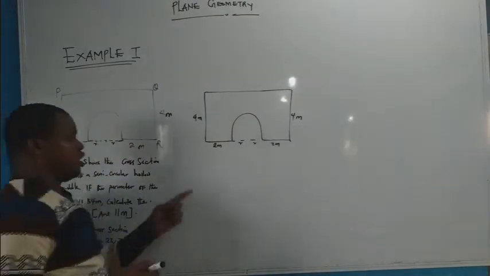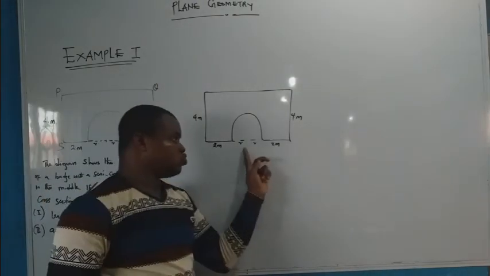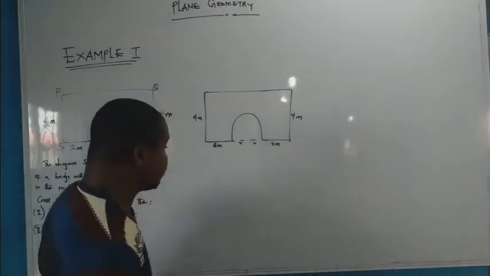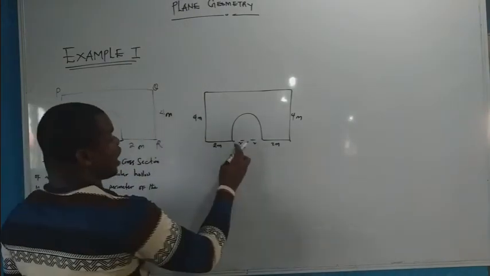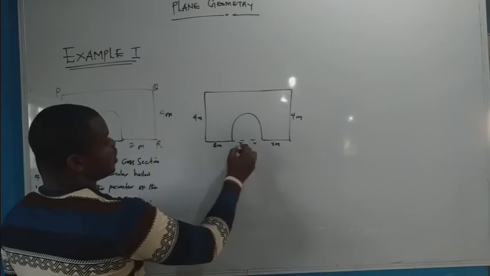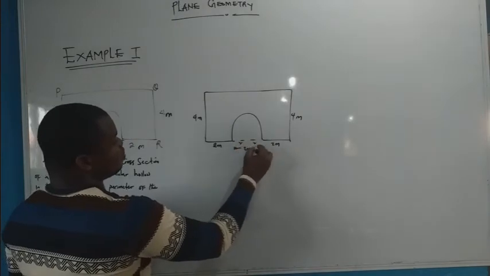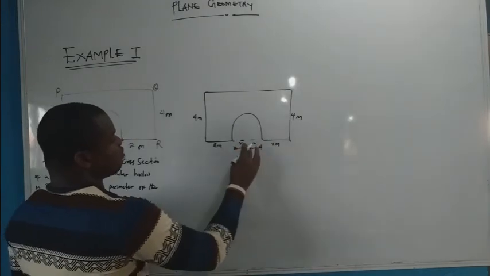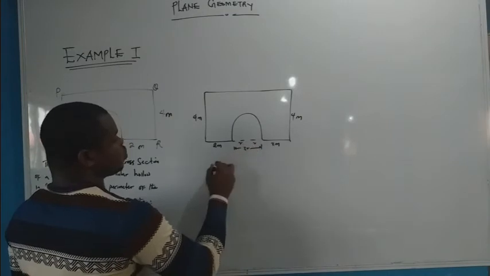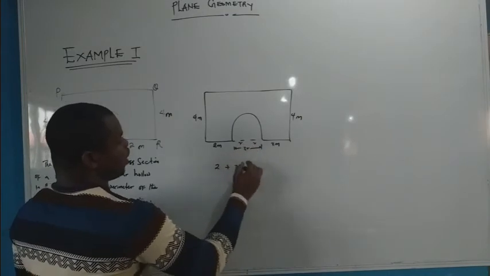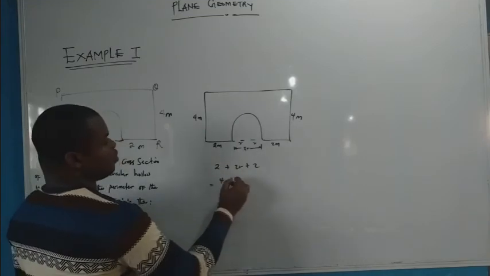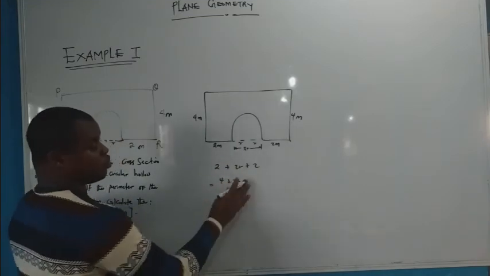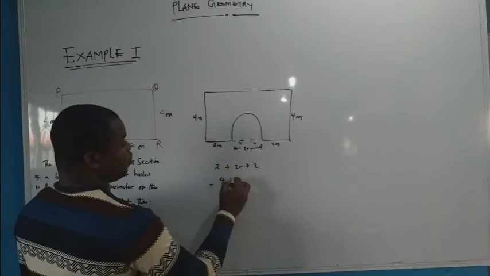Now, if here is 2 meters plus 2r plus 2 meters, what do we have? That's 2 plus 2, that's 4, plus r plus r, so here is 2r. So the total will now be 2 plus 2r plus 2, that's 4 plus 2r.